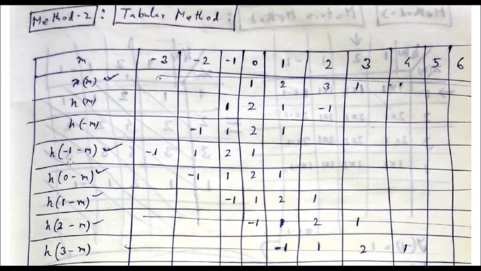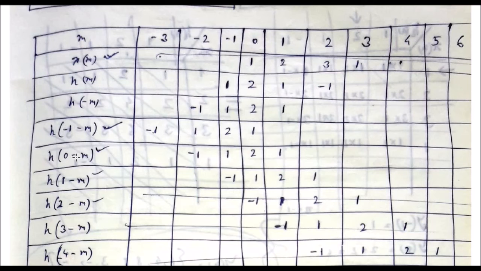This particular shift is nothing but the left shift. So the folded signal has to be shifted left side by 1 unit. It is becoming this one. Now next one is 0 minus m, that is same as this one.